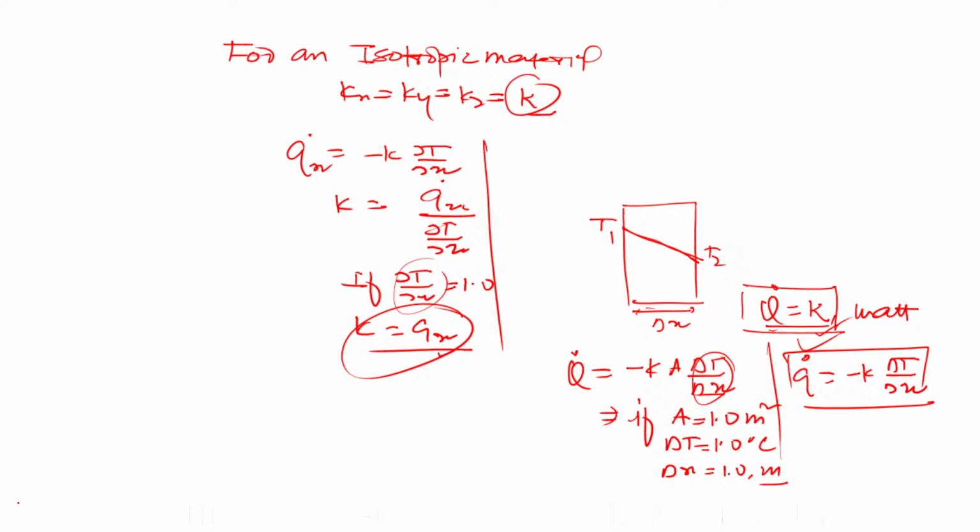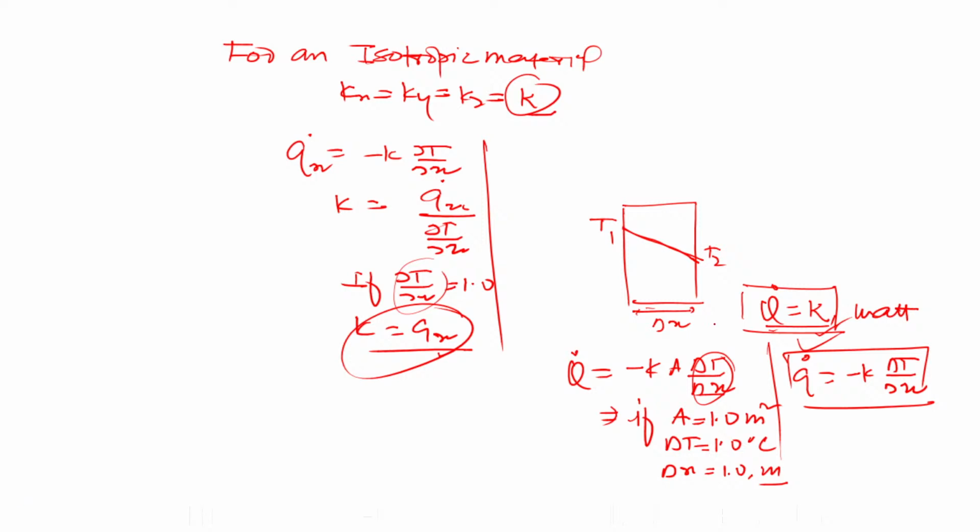More thermal conductivity, more is the heat transfer, because thermal conductivity is the ability of material to conduct heat, and more the K, more ability, more easily the heat can be transferred through that material under the same conditions, if all rest things are same.